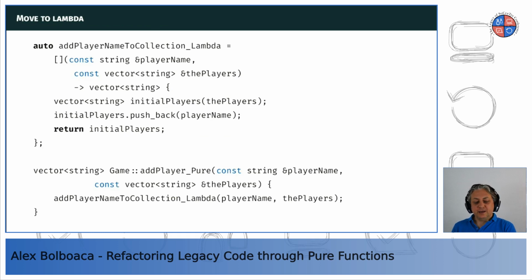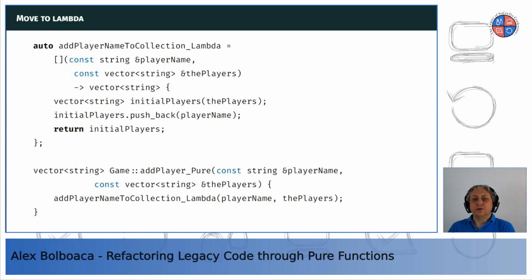And finally, I can now make this static and move to a lambda, because I no longer use that, but I now need to receive two variables. So I need to receive the players, the current vector, and the player name, and I will receive a new version of players that includes whatever was before and the new player name.